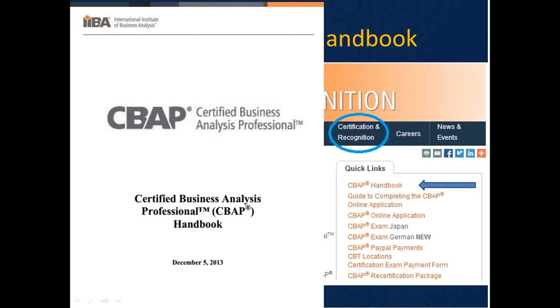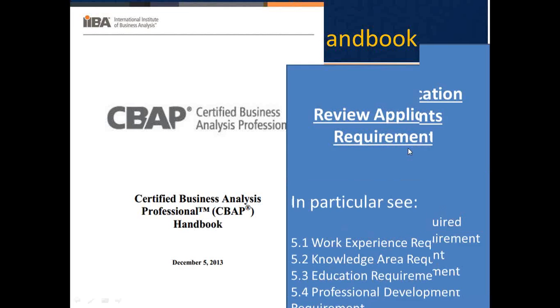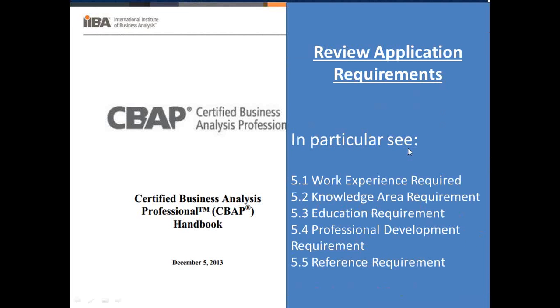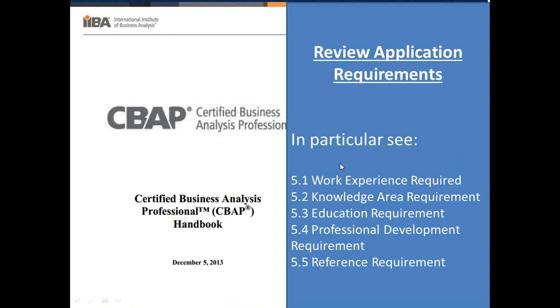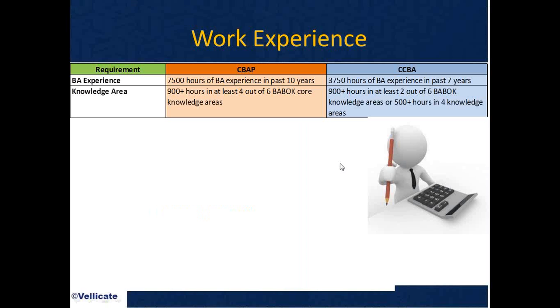So download this handbook and read it, and especially look at chapter number 5, which has the work experience requirements, knowledge area requirements, educational requirements, professional development requirements, and also the reference requirements, right? So you have these important sections in chapter 5. So especially look for those requirements.